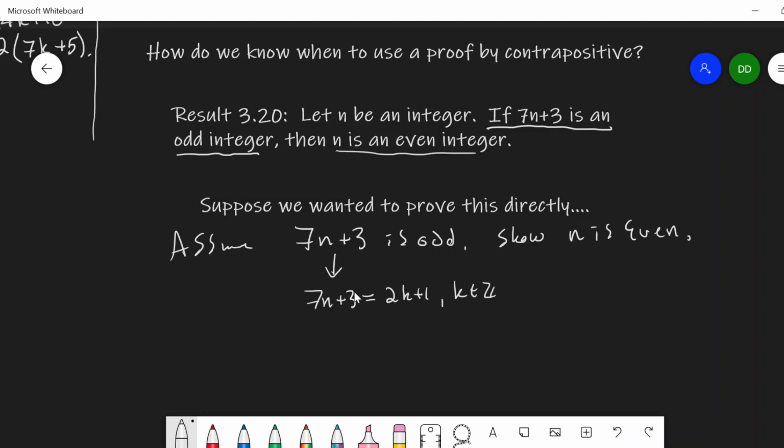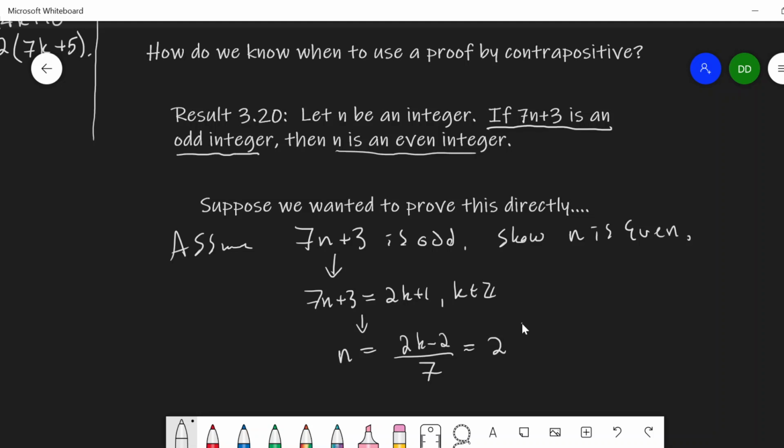Well, look at what happens when I try and solve for n here. If I want to show n is even, I'd be trying to solve for n and hopefully be able to factor out a 2. If I solve for n here, I'd get what? n equals, subtract 3 from both sides, (2k minus 2) divided by 7? Well, I could try factoring a 2 out.